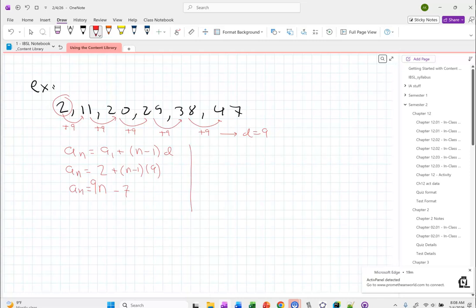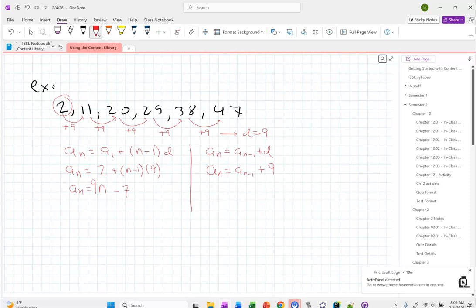Let's say I wanted to also write the recursive formula. So the only thing I need to fill into the recursive formula is the value for D, but I also need to give one other thing when I give the recursive formula. I need to give it a starting point, right?